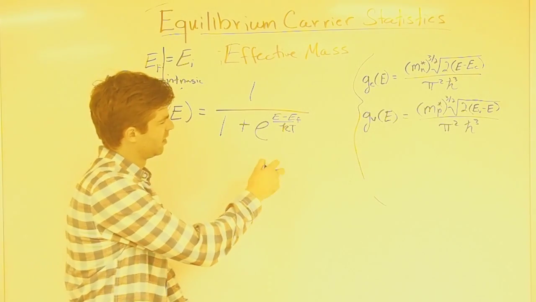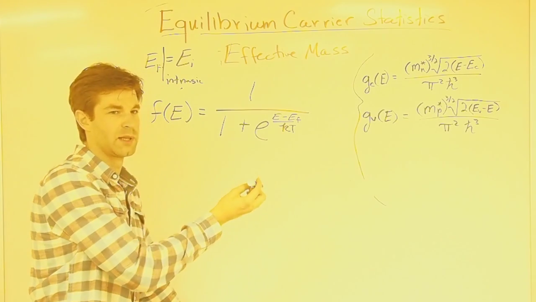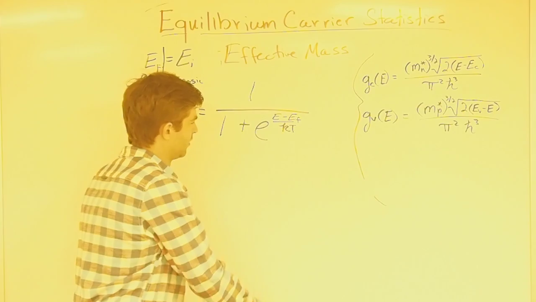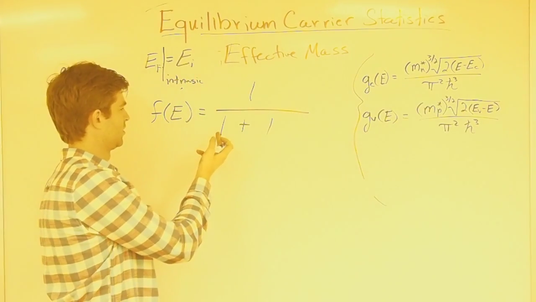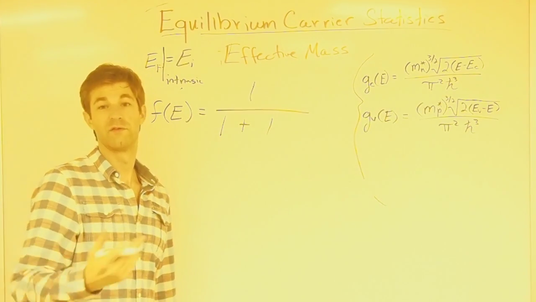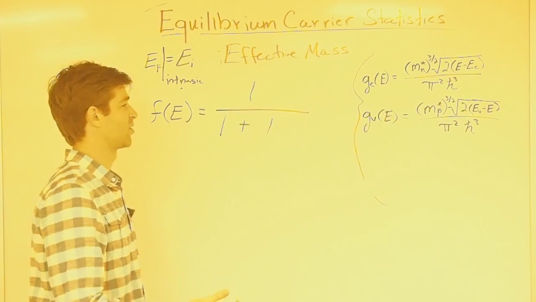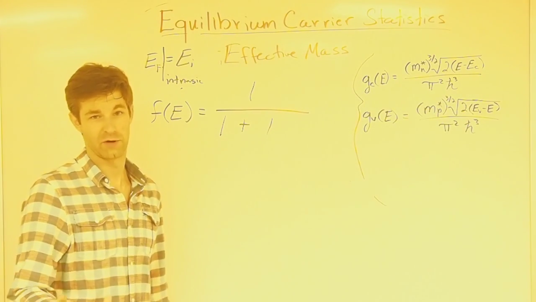And if we look at this, what happens if E is right at E_F, right at the intrinsic Fermi level? Well, this exponent is 0, which means this term is just 1. And then our Fermi function is 1/2. So it's 50%. There's a 50% chance that the state is occupied by some carrier, an electron, if it's in the conduction band.